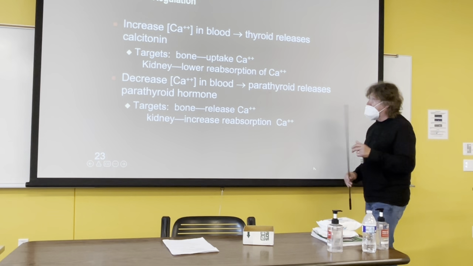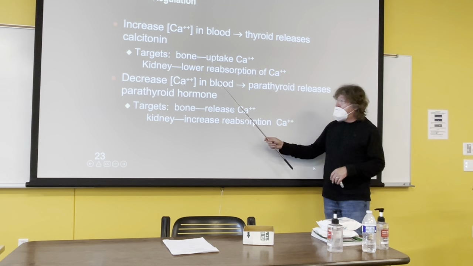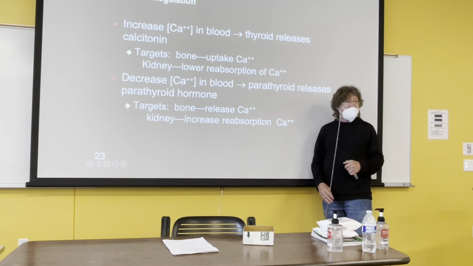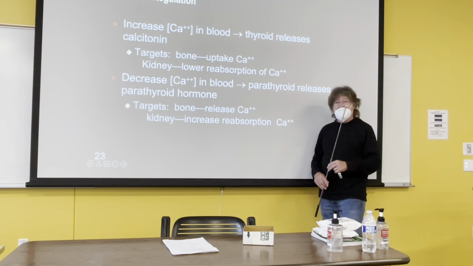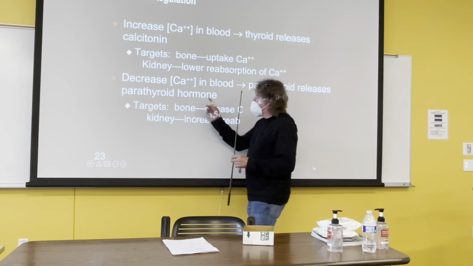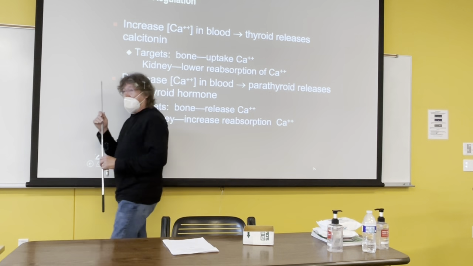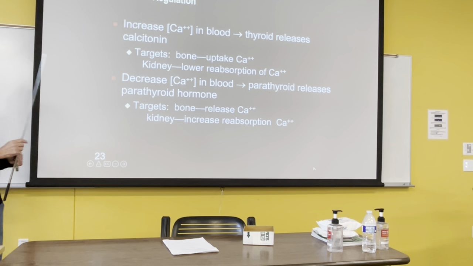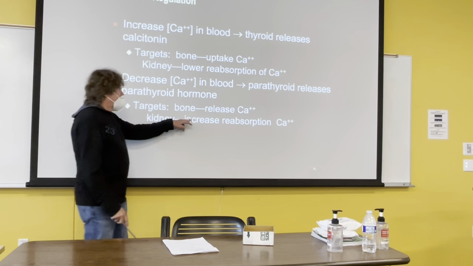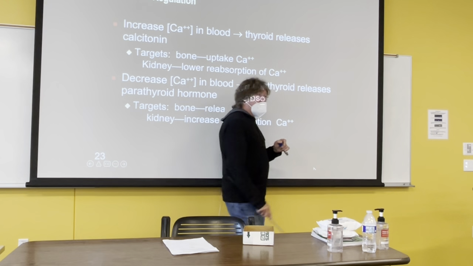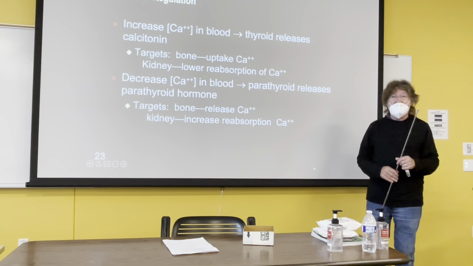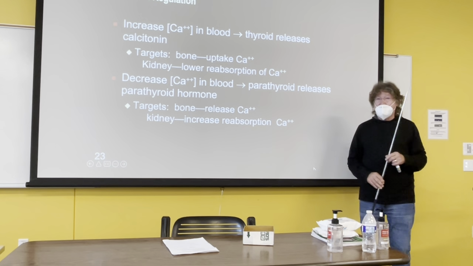So how is that working up here in bone? It's stimulating the gene expression in the osteoblasts, whereas in the distal tubules, it's stimulating the production, transcription, and translation of the calcium transporters.